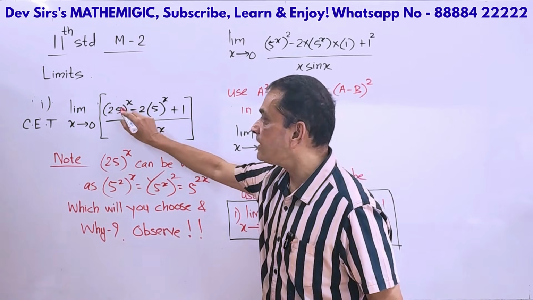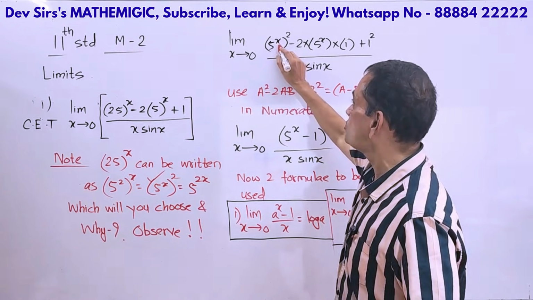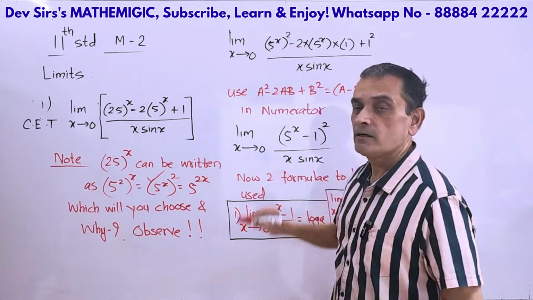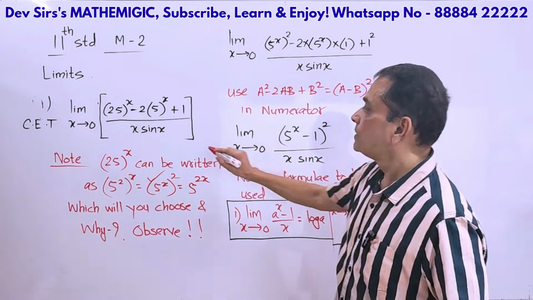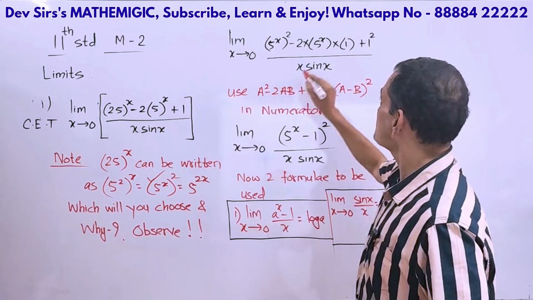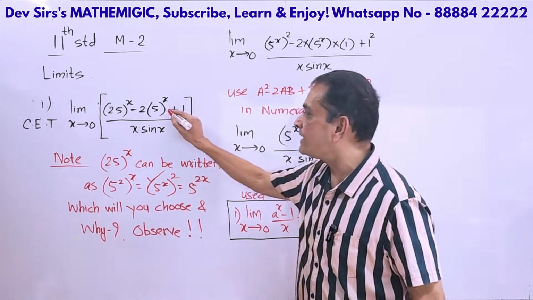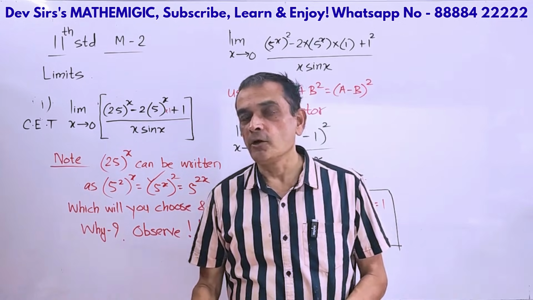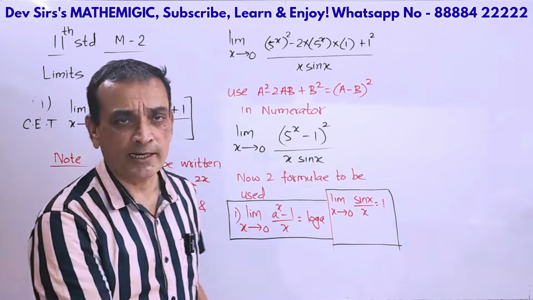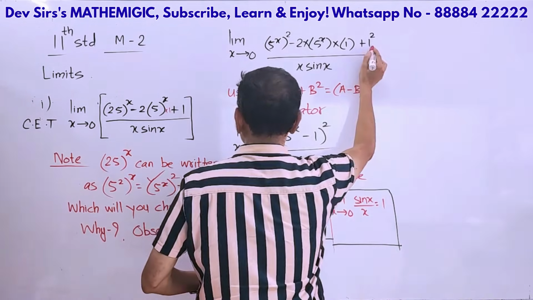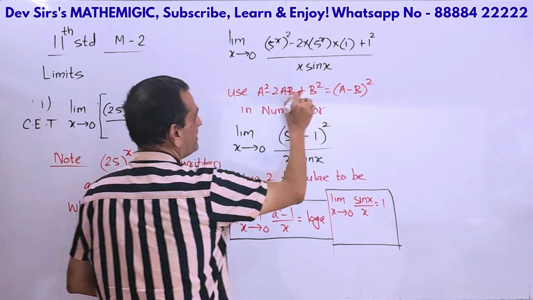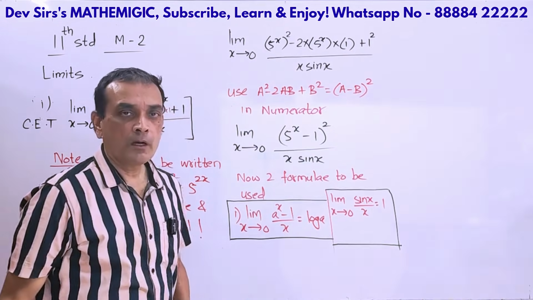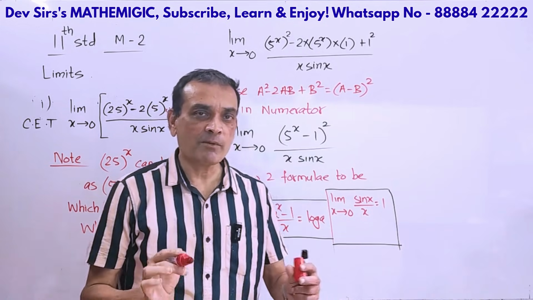First thing is 25 raised to x, I have written 5 raised to x bracket squared minus 2 into 5 raised to x into 1. I added an additional into 1 here because it doesn't change anything. Why I added into 1, that also I'll explain. Plus 1 squared. 1 can be written as 1 squared. Now you might be getting some ideas.